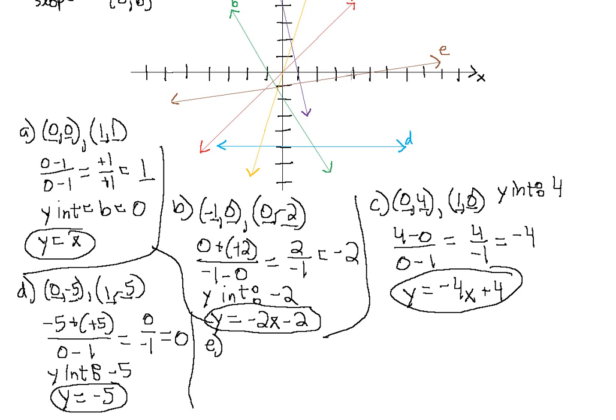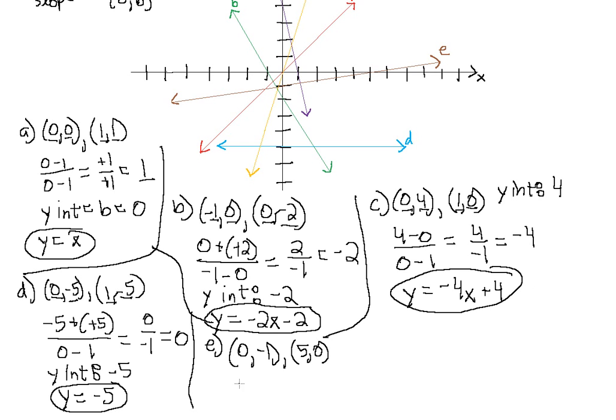We have E, which is this brown line. Let's pick out a couple points for this one. We have a point right here, which is, what is that, 0, minus 1. Can't overstate the importance of picking out whole numbers, very easy numbers to work with. We also have a point right here at 1, 2, 3, 4, 5, at 5, 0.